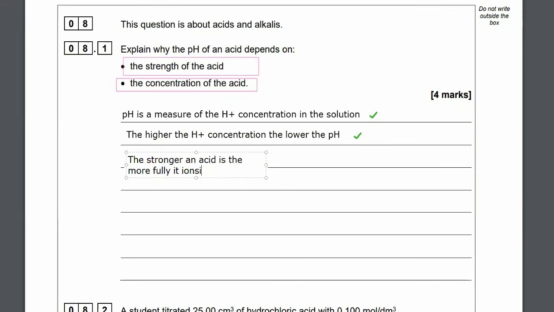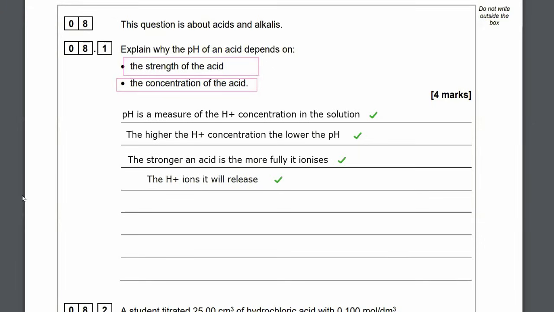For those of you that don't know what that means, strong acids fully ionize in solution, and therefore the stronger the acid, the more fully it ionizes, the more hydrogen ions it will release, the more H plus ions it will release. Okay, so that all relates, I give myself 4 marks already.